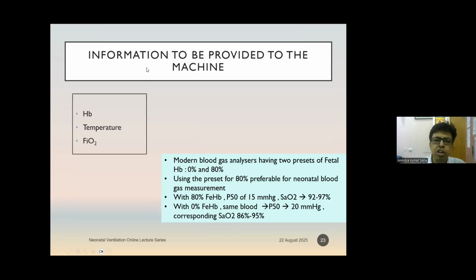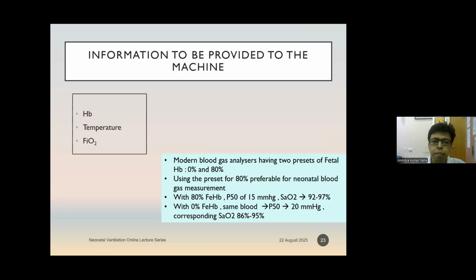The information we have to provide to the machine is hemoglobin, temperature, and FiO2. Most machines by default are set to a temperature of 37 degrees centigrade. But for FiO2, if we do not add anything, they will calculate on the basis of 21% FiO2 and a fixed hemoglobin of 14 to 15.